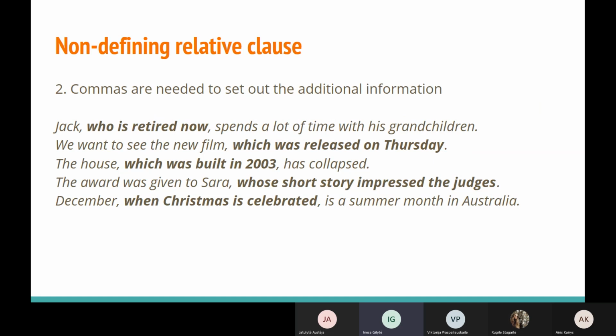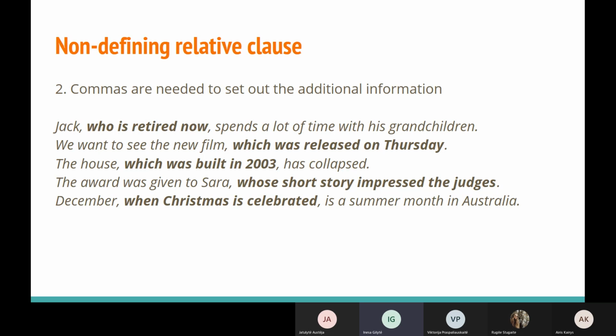So for example, Jack, who is retired now, spends a lot of time with his grandchildren. So it's pretty clear that if we remove the non-defining relative clause, which is who is retired now, you can see that the sentence just flows and makes sense on its own.